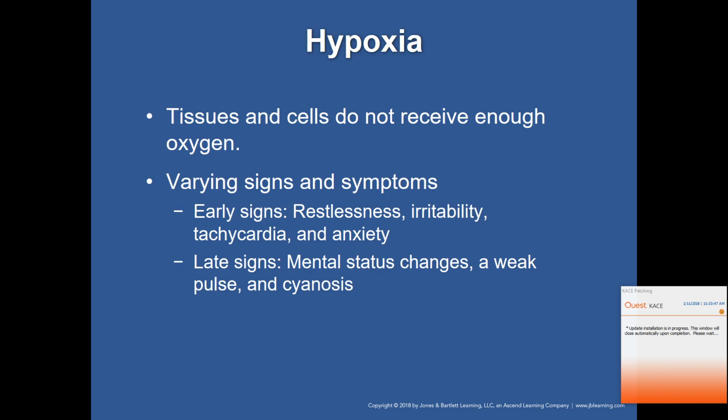Obviously, if we are becoming more and more hypoxic, there's less oxygen for the heart muscle to work, so it's going to begin to slow down and it's going to become less efficient. It's going to pump less blood through the lungs, and as a result, we're going to get more and more hypoxic.